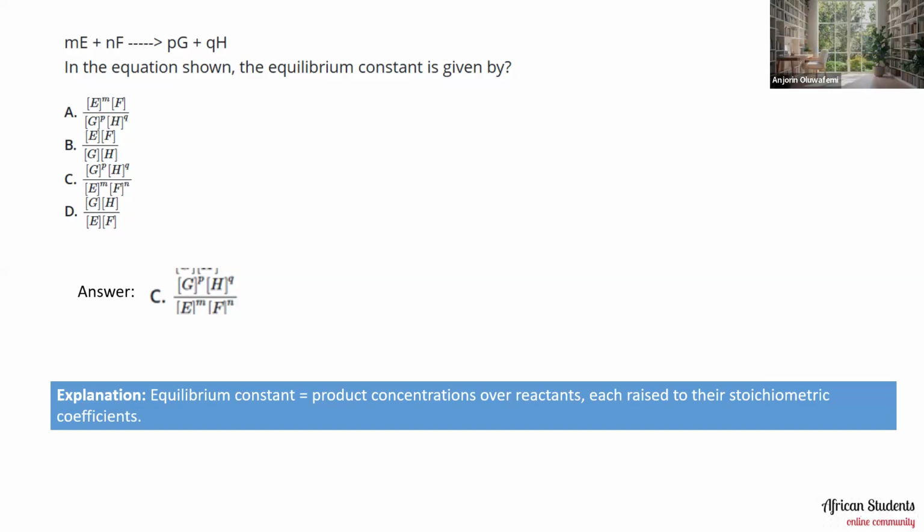You look at the product concentration, the products are G and H, and their coefficients are P and Q. So you do product concentrations over the reactant concentrations, each raised to their stoichiometric coefficients, and by so doing, we get the equilibrium constant. Okay.